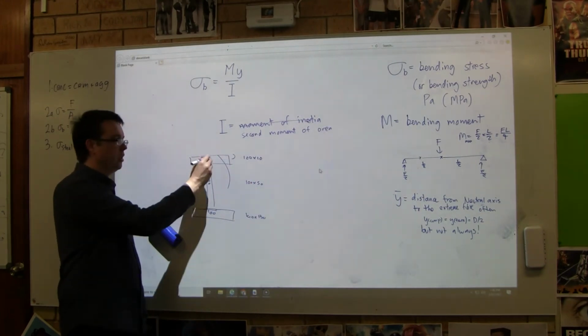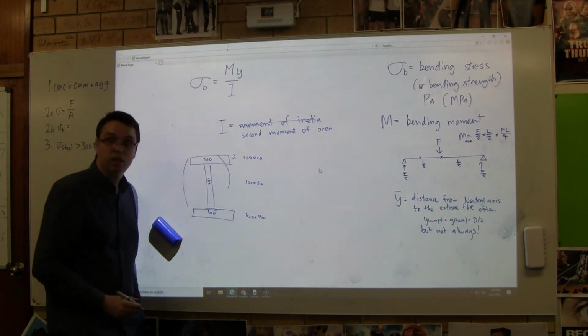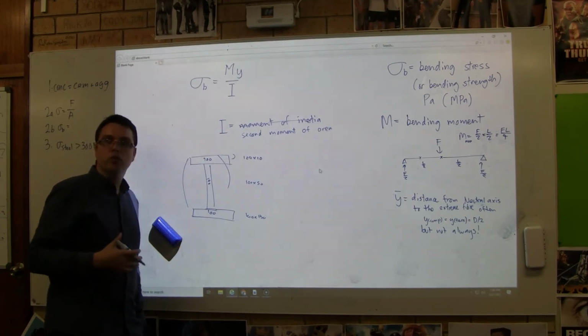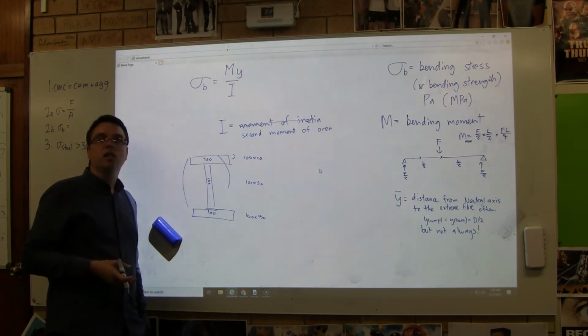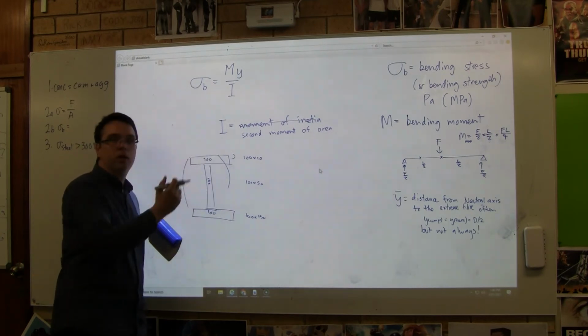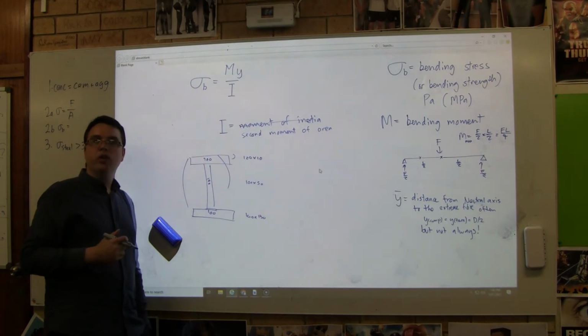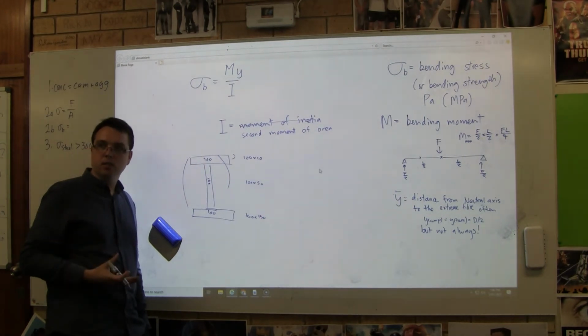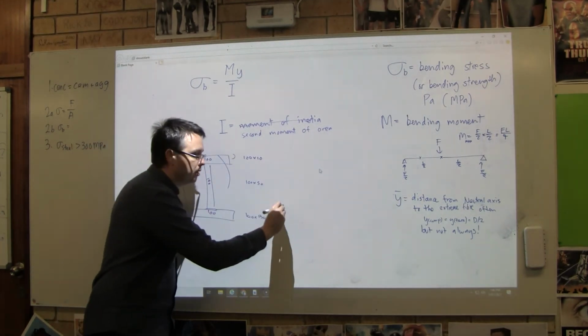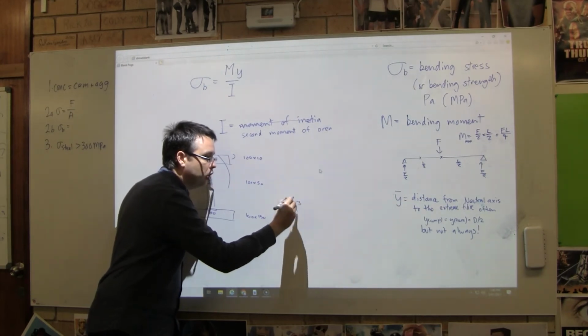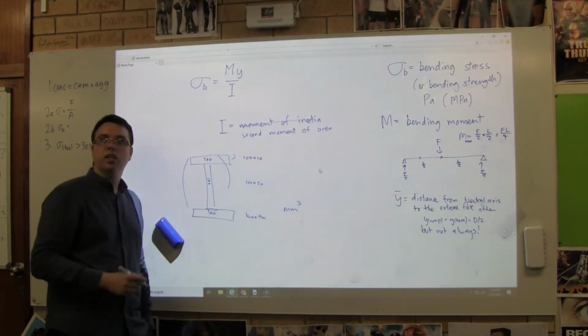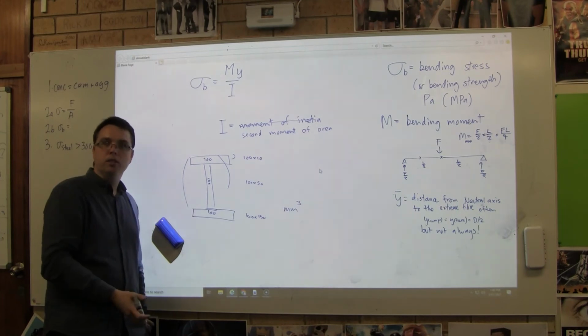Yeah, we're measuring the distance and multiplying it by a distance. So a moment is a force times a distance, and this isn't a force times a distance, this is an area times a distance. And if you're having an area times a distance, it's going to be in millimeters cubed, right? Because you're taking an area and then multiplying it by a distance.